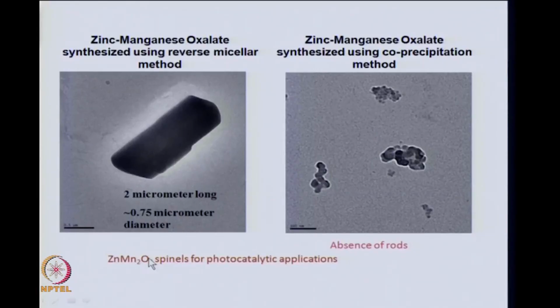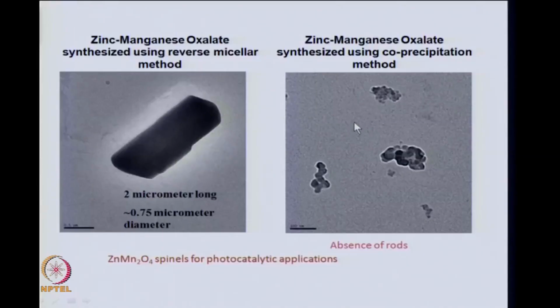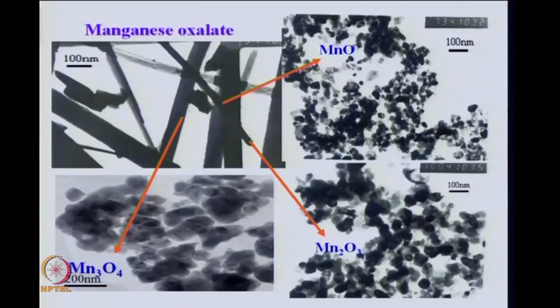Of course, these materials are important and they belong to a structure called the spinel structure and are useful for photocatalytic applications. So, this is one example, but there are many examples we can show where the metal oxalates synthesized using microemulsions show anisotropic or rod like structures compared to spherical or irregular structures if you do not use the microemulsions containing a cationic surfactant.